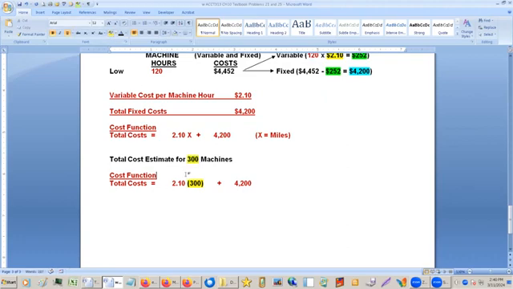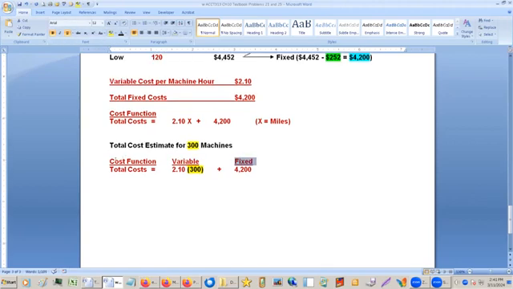So these will be the variable cost, and these will be the fixed. 210 times 300 is 630.